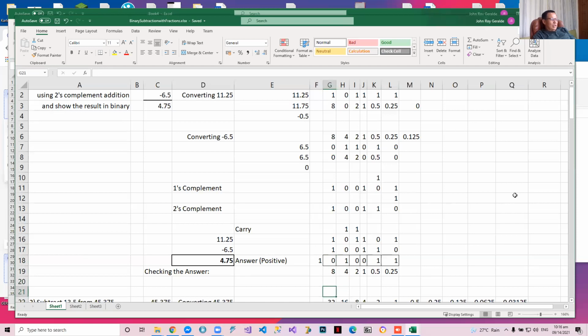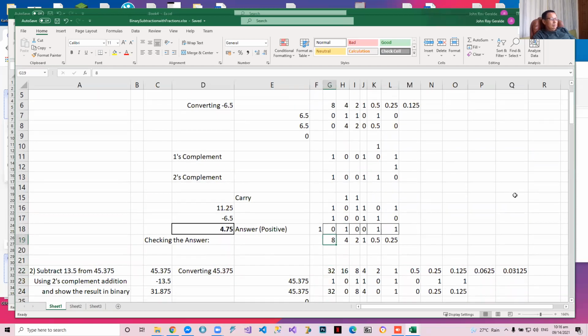And then if we compute this, we'll just sum this up. It's 4.75. You have to multiply this first, times that.